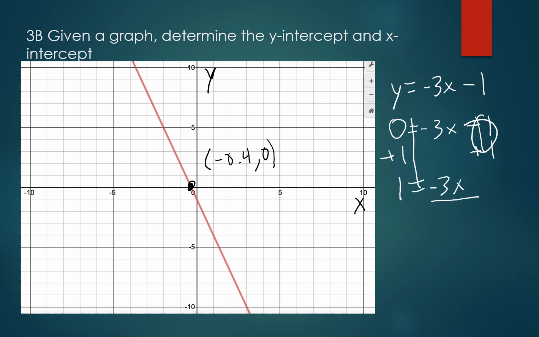At this point, I'll divide by the coefficient of negative 3. 1 divided by negative 3 gives me negative 1/3 equals x. So my x-intercept is (negative 0.33, 0), or you could just write it as (negative 1/3, 0).